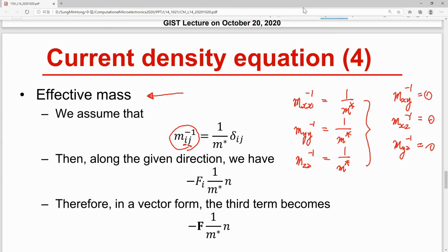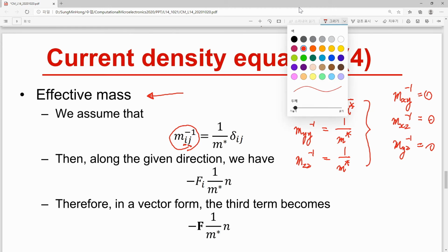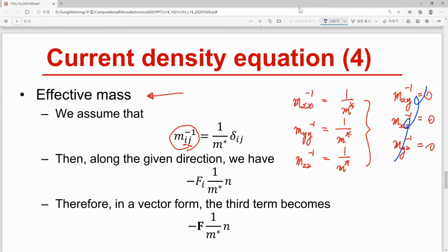Is there any counterexample for this vanishing of non-diagonal terms? Yes, we have plenty of them. Actually, many electronic structures do not satisfy this simple approximation. The inverse mass cannot be represented as just a diagonal one.